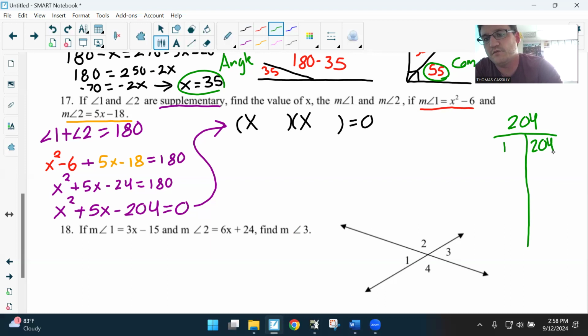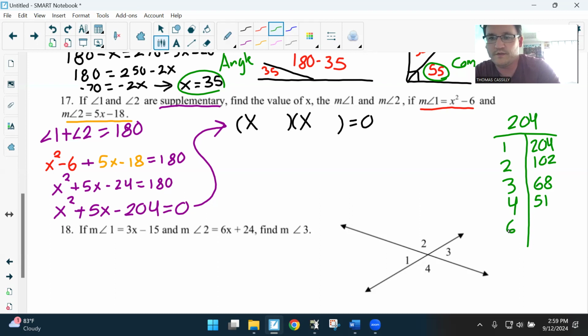We have 1 times 204, 2 times 102, 3 times something. 204 over 3, that's 68. 4, that's going to be 51. 5 doesn't work, but I know 6 works because 2 and 3 both work.